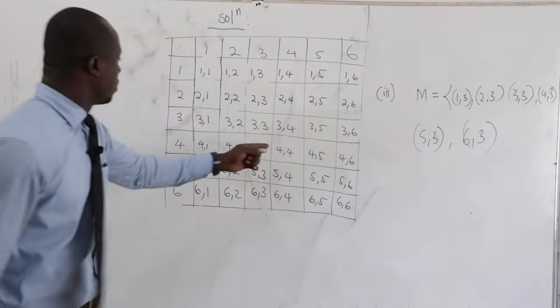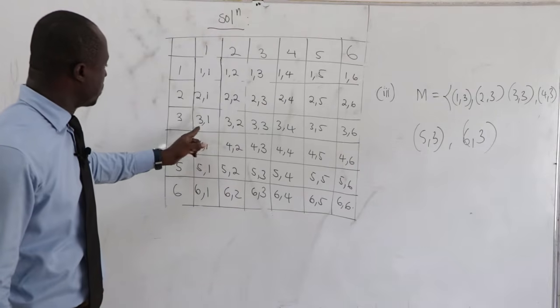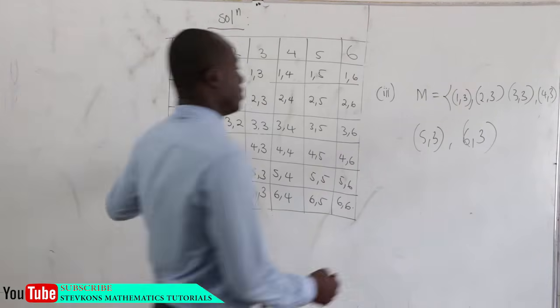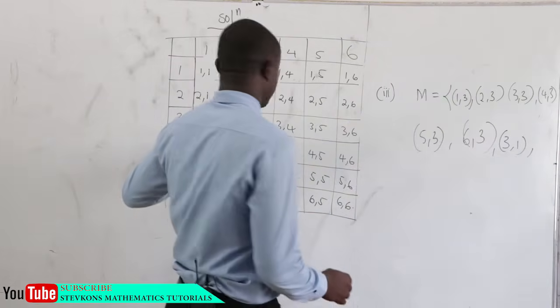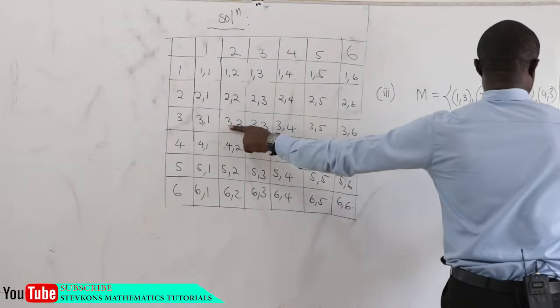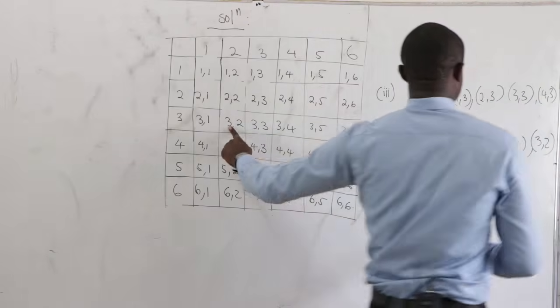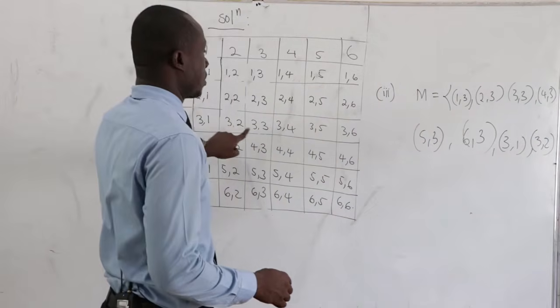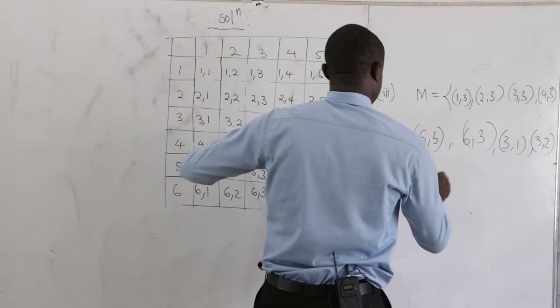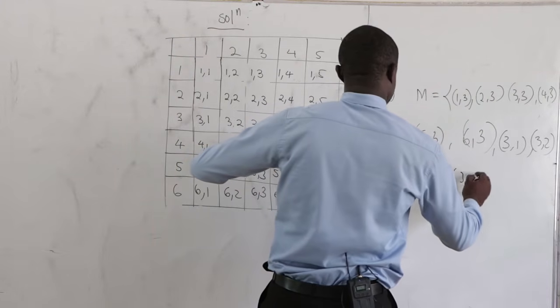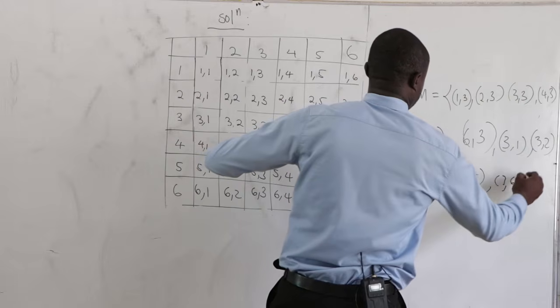Now let's also see on the first part. So we have 3, 1. We have 3, 2. And then 3, 3, but 3, 3 is already there. 3, 4. 3, 5. 3, 6.